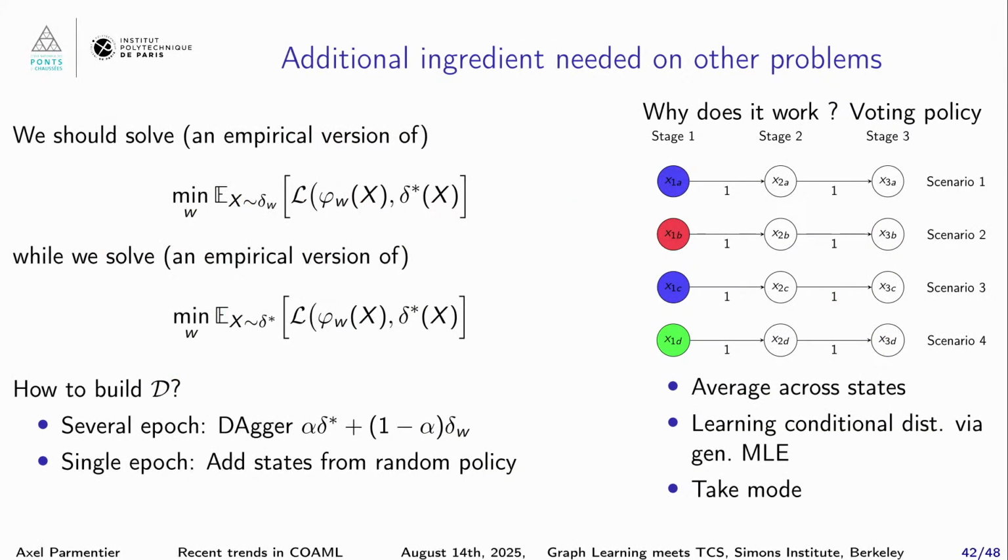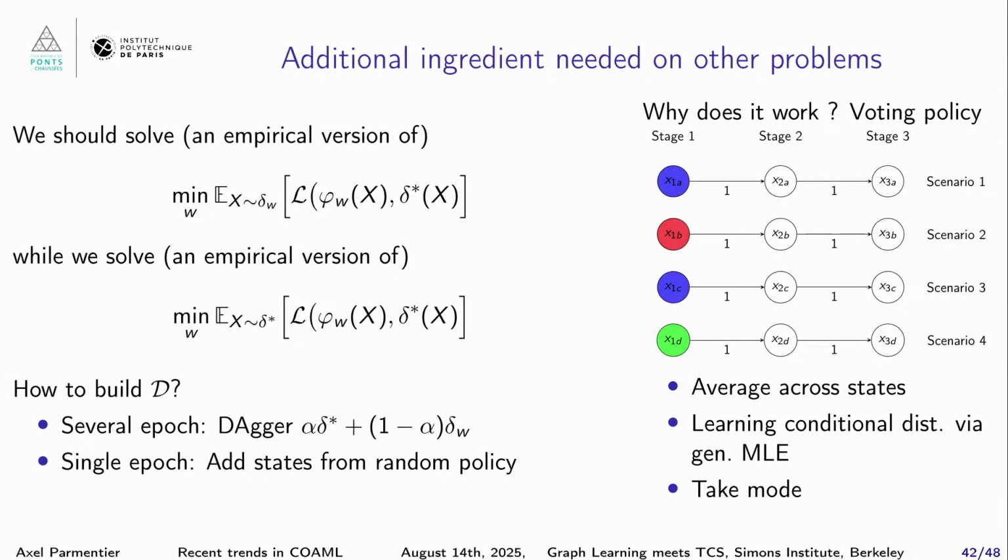We happened to be pretty lucky because it was a total surprise for us that we won, and the first thing we tried to do was to replicate on many other problems. And on almost all of the other problems, we got relatively poor results. We understood that there was one key ingredient you must add for this to work. What we did is we imitated a good policy on the states that are generated by that policy.